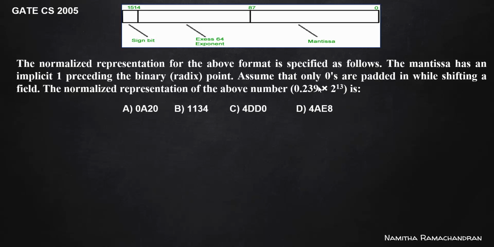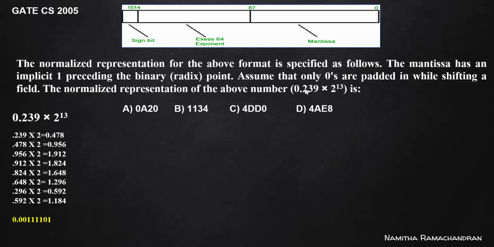Okay, and we can append any number of 0 in the mantissa field in order to make this as 8-bit representation. Okay, so we need this floating point representation in binary form for this number 0.239 into 2 to the power 13, and the options are given in its hexadecimal representation.